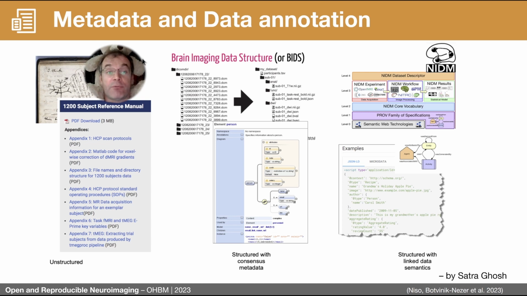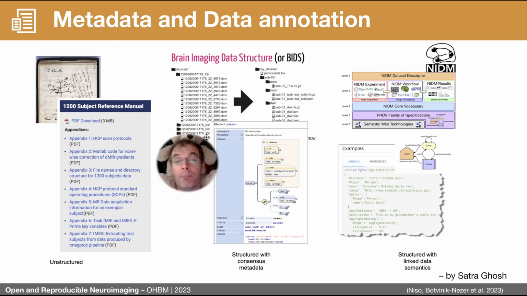But also BIDS is really neuroimaging specific. We came up with BIDS in the neuroimaging world, and outside technologies which are accepted or developed by W3C, the World Wide Web Consortium, don't know about BIDS, right? But they came up with other standards besides HTML and CSS for web pages.